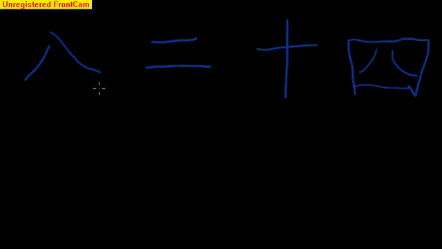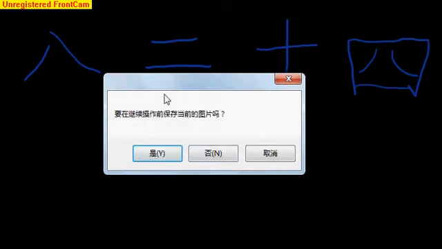Now, at the same time, I'd like to teach you some of the basic strokes in Chinese. Let's open a new background. Okay, so there are basic strokes in Chinese. Let me change my pen color. There's a dot.